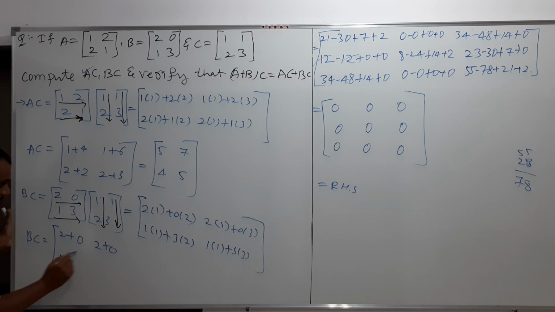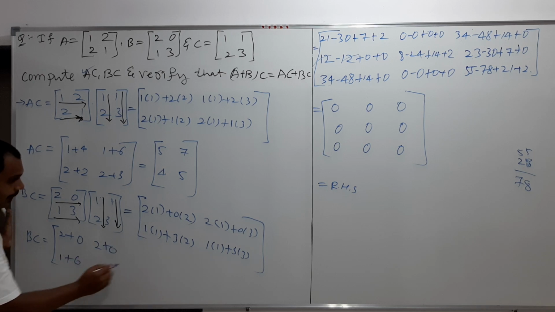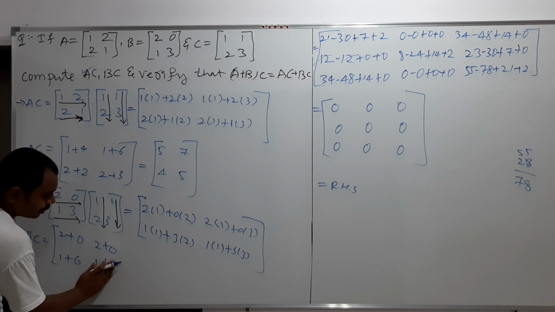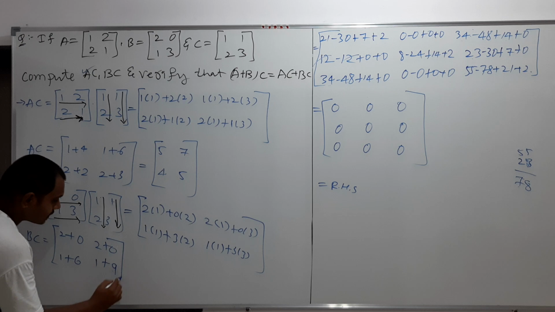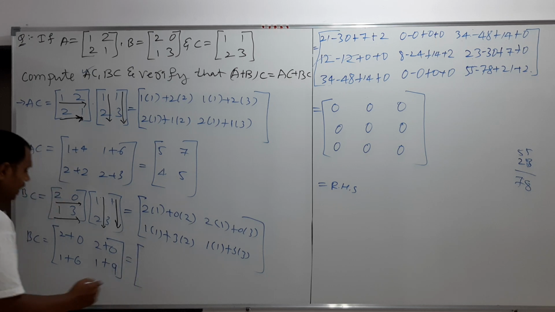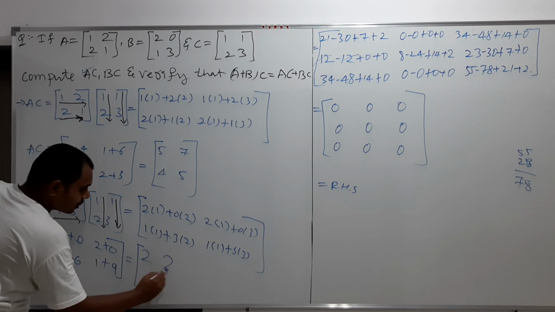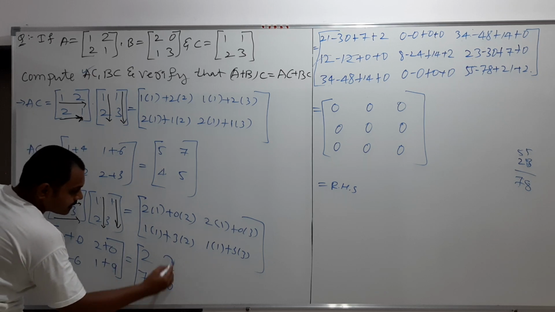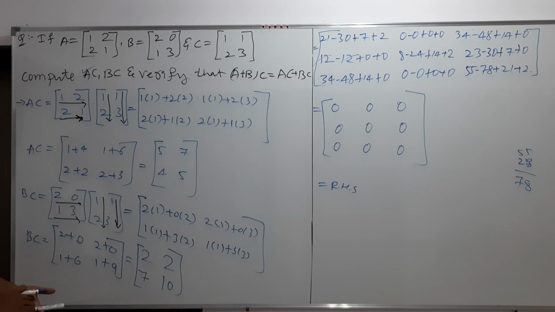Next, 1 into 1 is 1 plus 3 twos are 6. Next, 1 into 1 is 1 plus 3 threes are 9. This value is equals to 2 plus 0 is 2, 2 plus 0 is 2, 6 plus 1 is 7, 9 plus 1 is 10. This is your BC value.